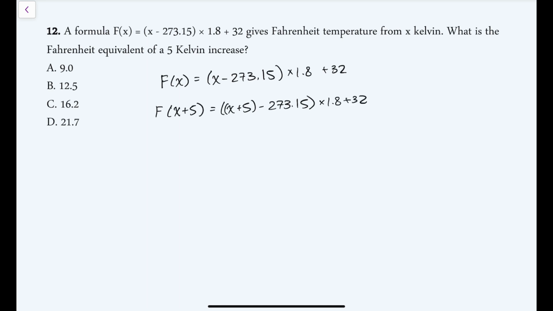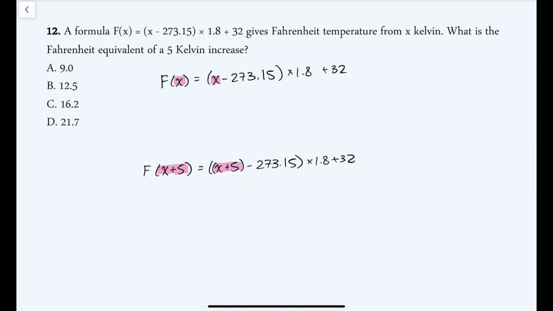So what we did is, remember, we just plugged in our x value, right? Even though it looks kind of weird, this is what we're plugging in. We could have easily written down 5 and this 10. Okay? The goal now is to expand these out and see the difference between the two equations.